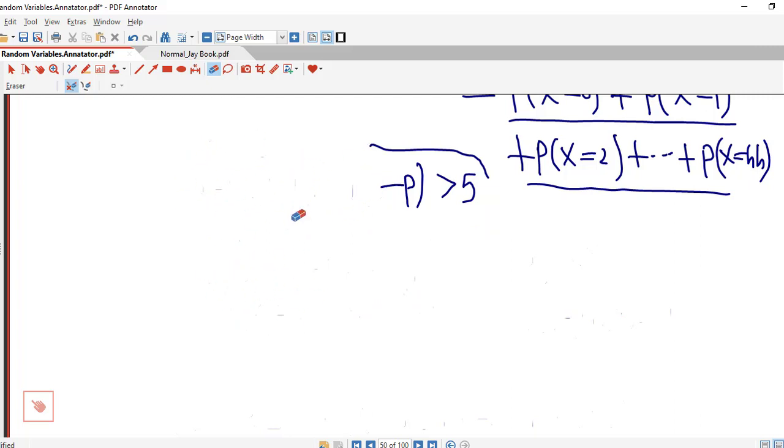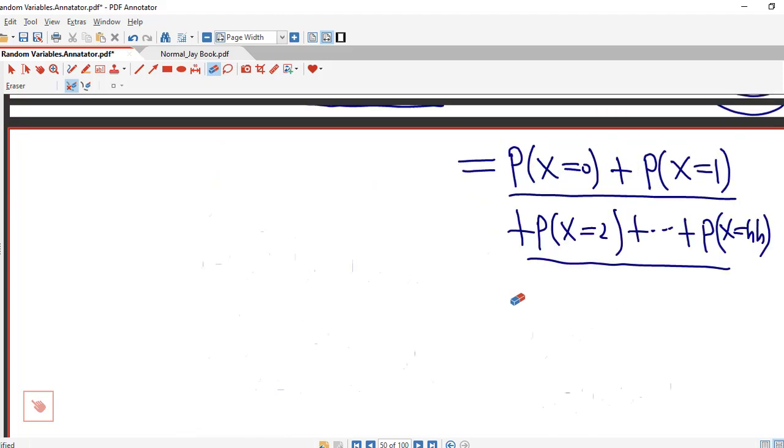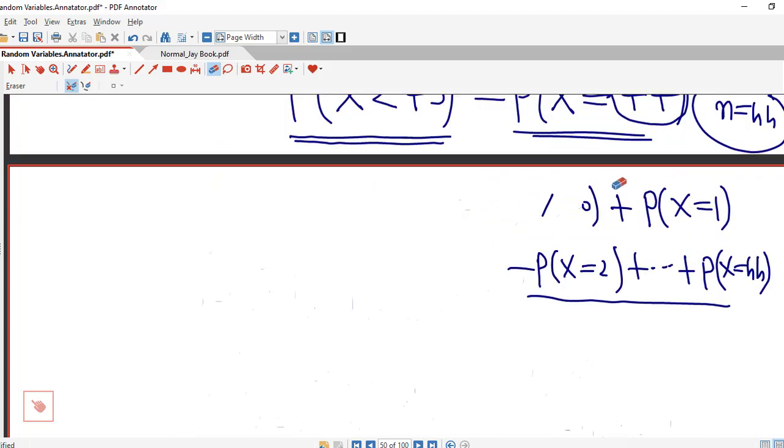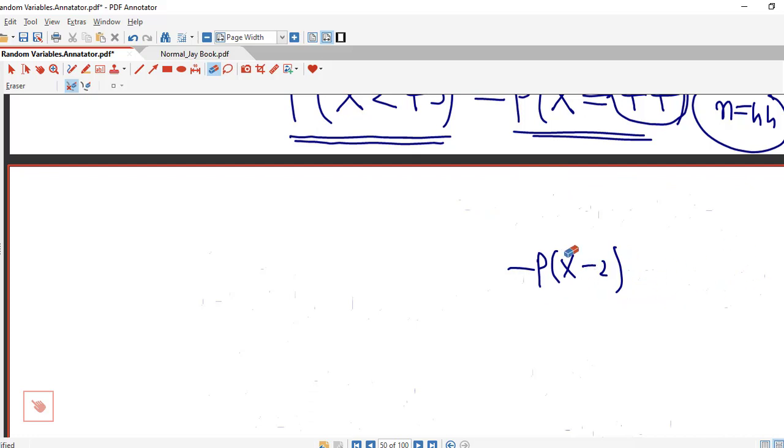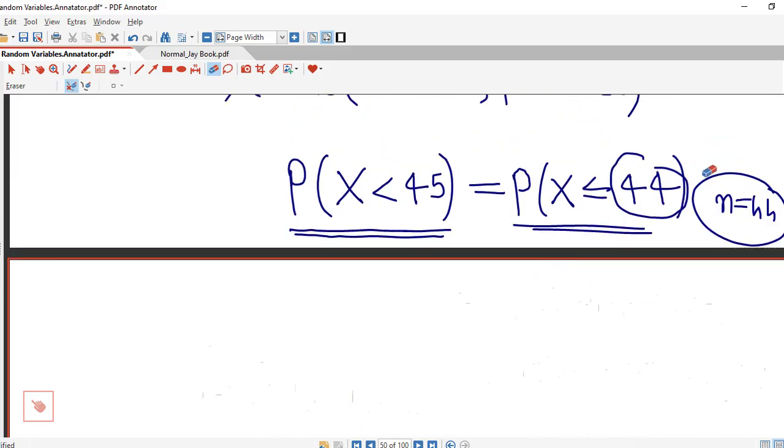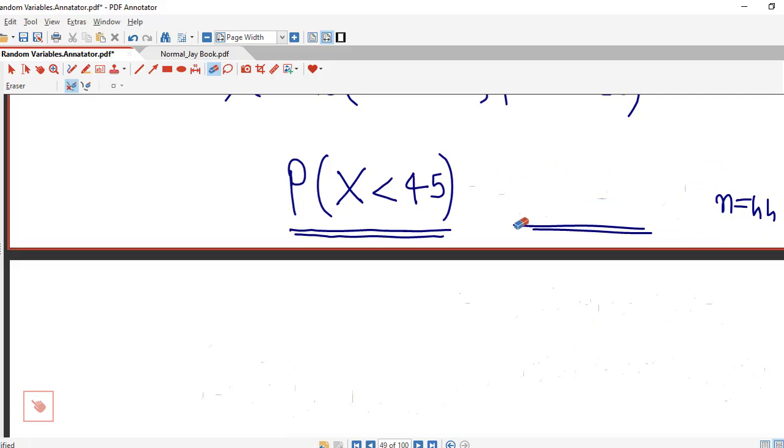Suppose it is not given that use normal approximation, then also you have to do this problem using normal approximation, because here if we go by using binomial distribution, then we have to do calculations up to probability x equal to 44, so that is not advisable. It will take so much of our time.